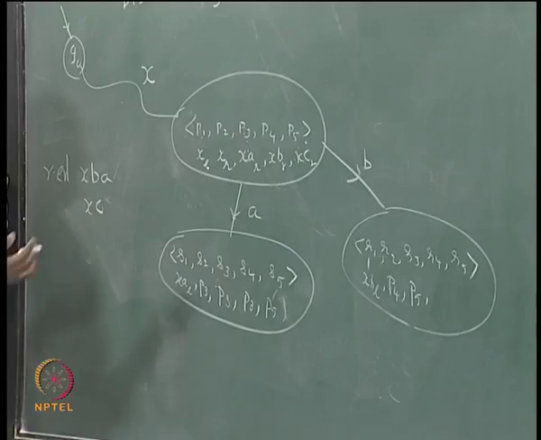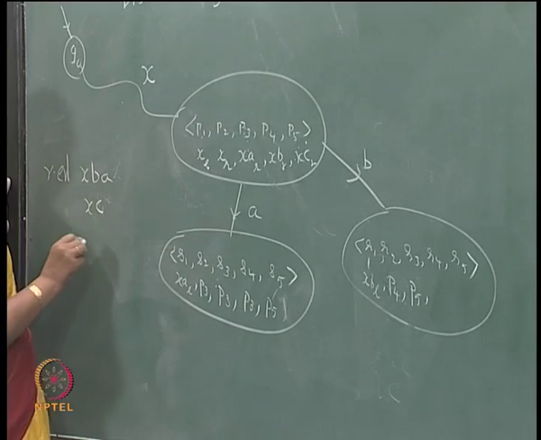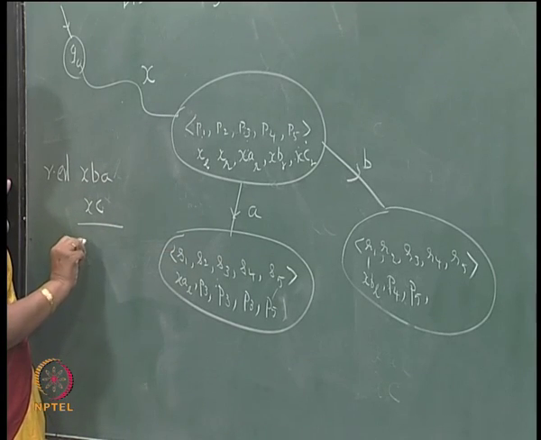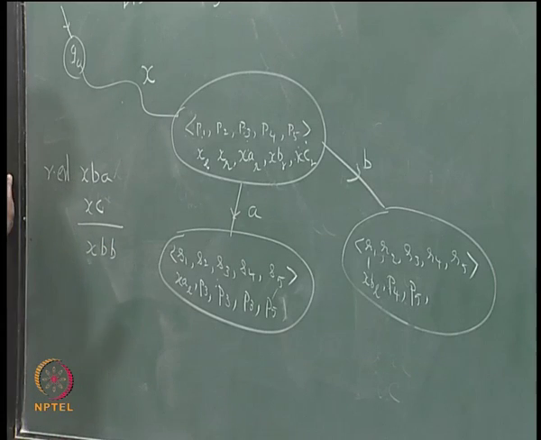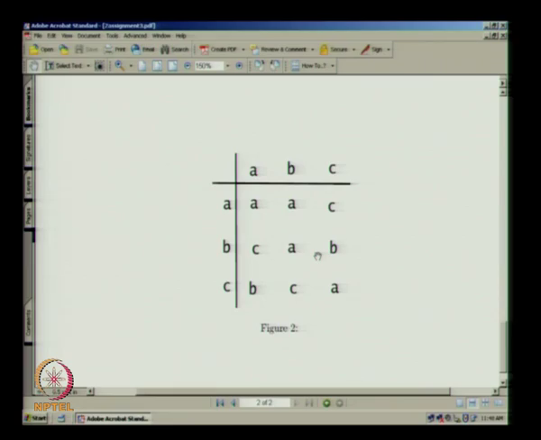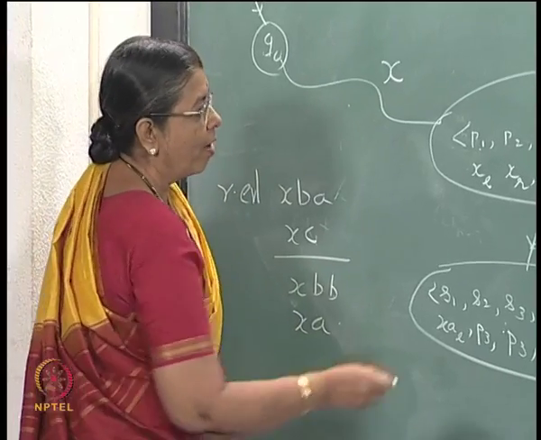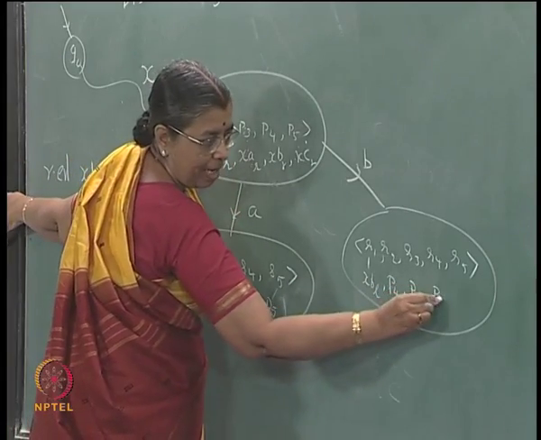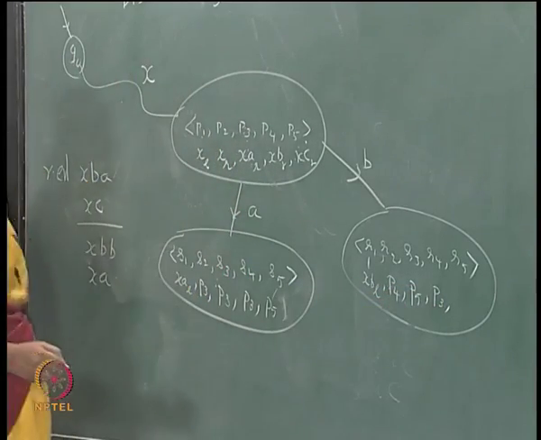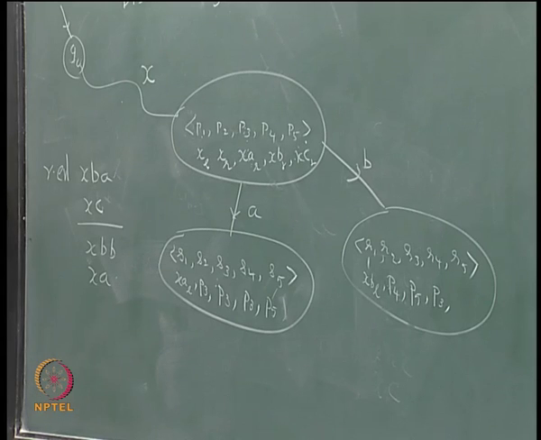And what about R4? It is the right evaluation of XBB. What is the value of BB? BB is A. So, that is the right evaluation of XA, and what is the right evaluation of XA here? P3. So, R4 is nothing but P3, right. And what about R5?